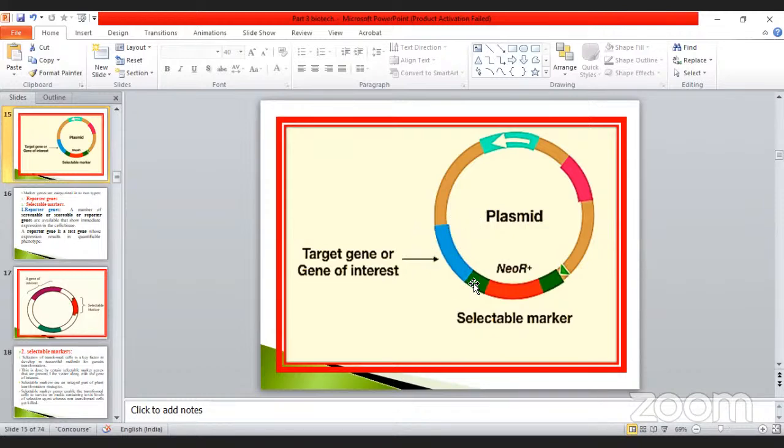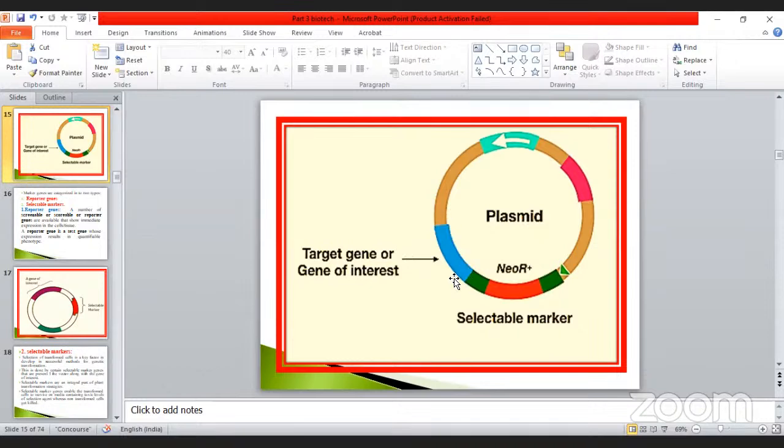This part is the target gene, or gene of interest. This gene is intended to hybridize with another one, otherwise called gene transformation, like that we may say.